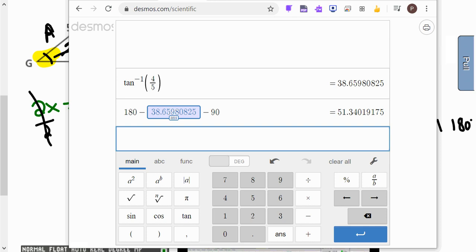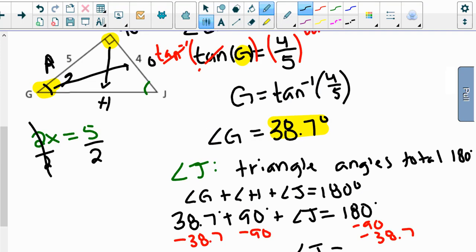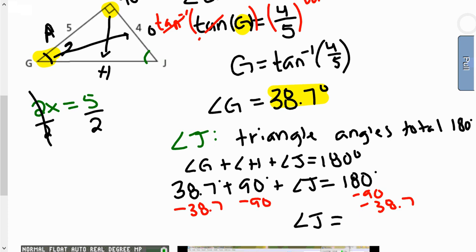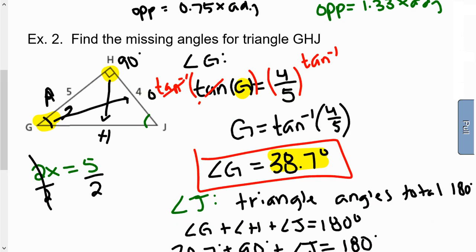Tells me I'm left with 51.3 degrees that I can put towards angle J. So 51.3 degrees. And so we have all of our angles now. We have angle J, we have angle G, and we knew angle H, right? We found the missing angles.